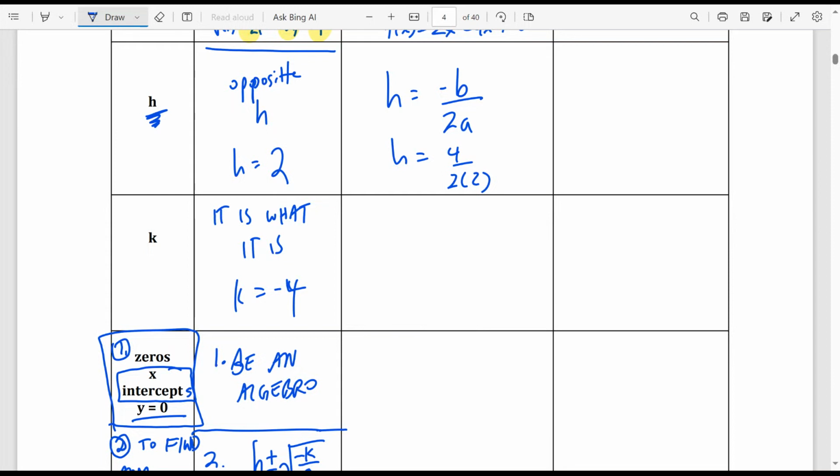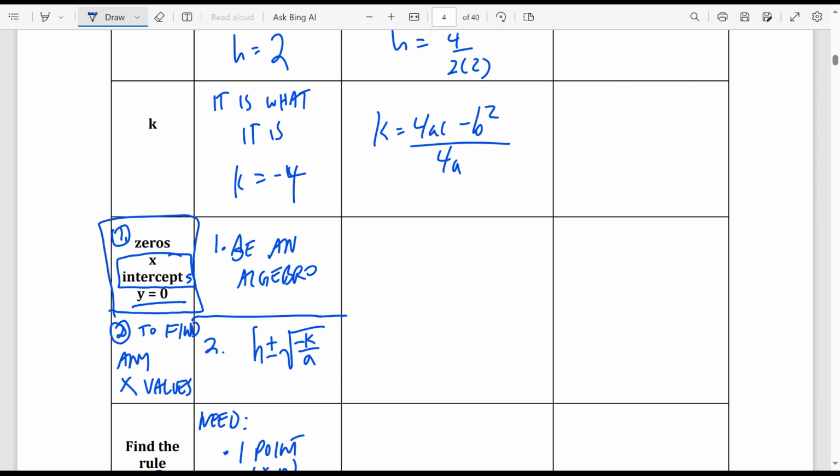How do I find the k in general form? K is equal to 4ac minus b squared all over 4a. So if you can avoid general form, that's good because it is hard. The formulas are a little bit tougher, but still manageable.